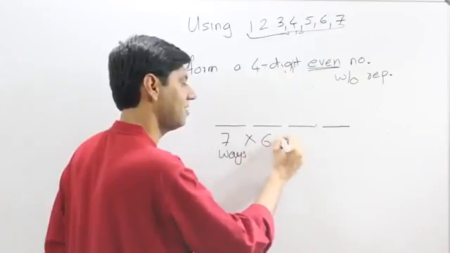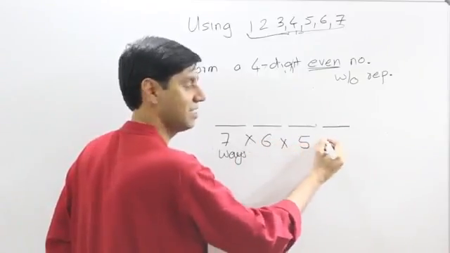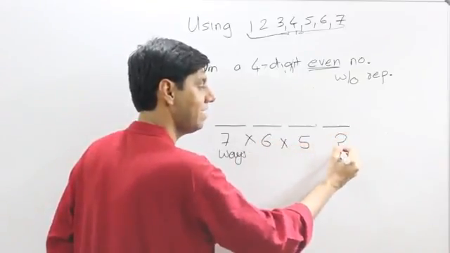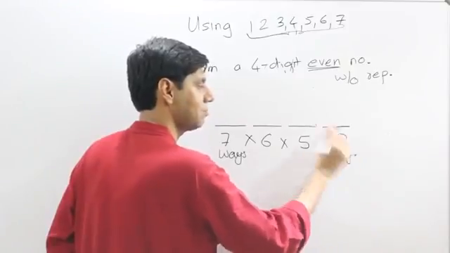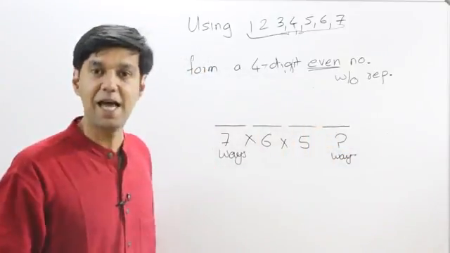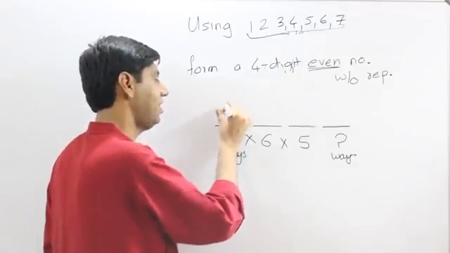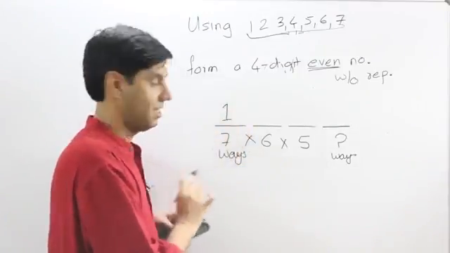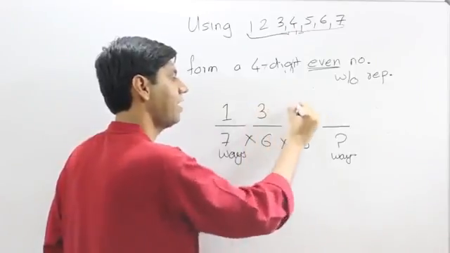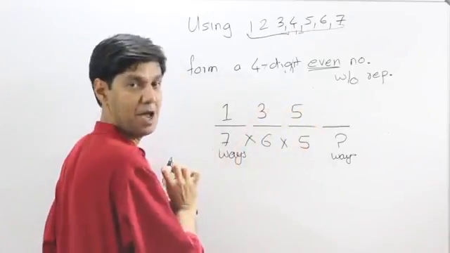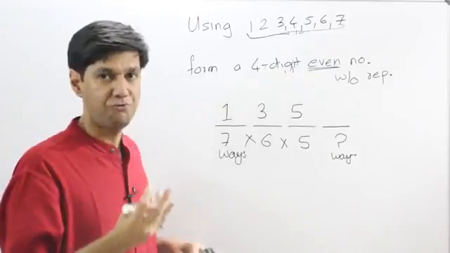Having filled this in with 6 ways and having filled this in with 6 ways, now in how many ways could I fill in the units position? Is it 3 any longer? No. For example, if I had filled in the digit 1 here, which I have considered a possibility, a 3 over here and a 5 over here, I am still left with a 2, 4 and a 6.